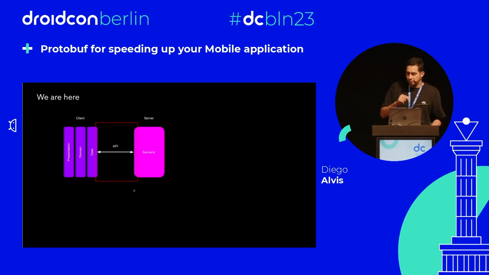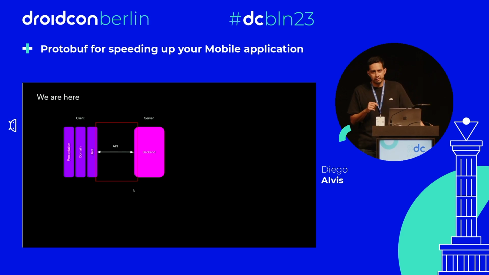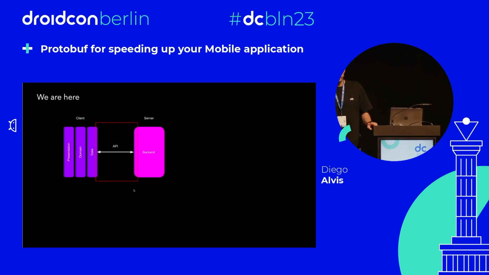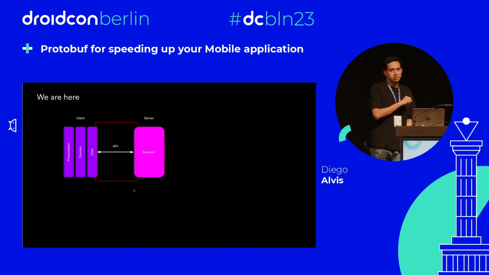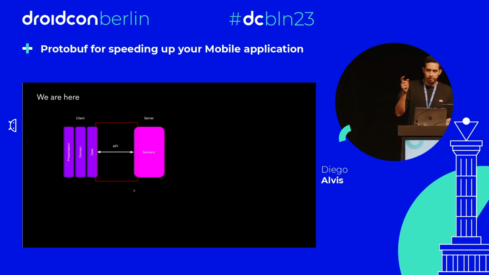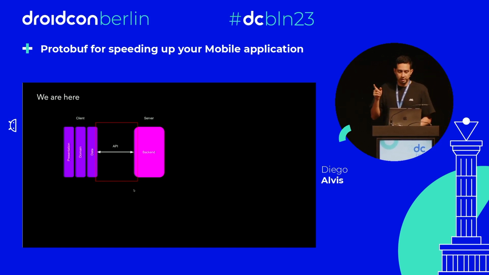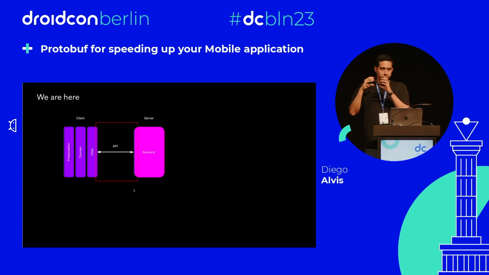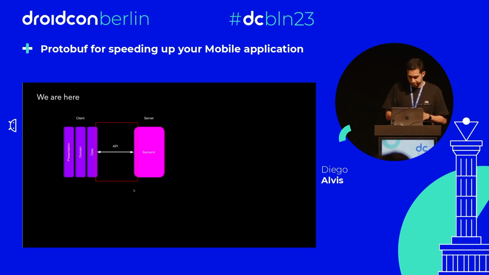And I think one of the reasons is that as mobile engineers, we tend to delegate this to the backend teams, but we are as responsible as the backend team for maintaining a good API, let's say, communication system, right?